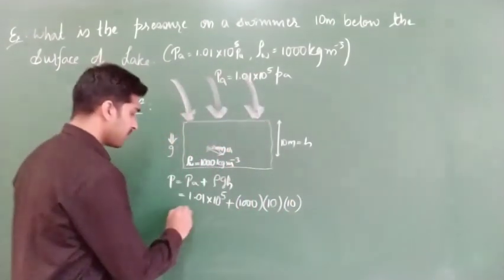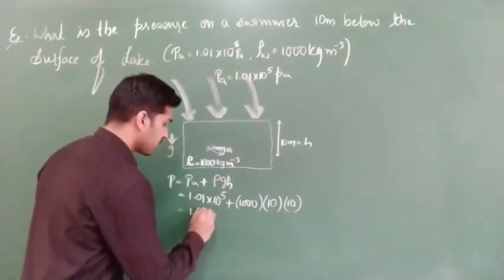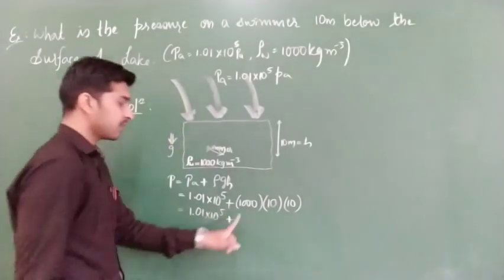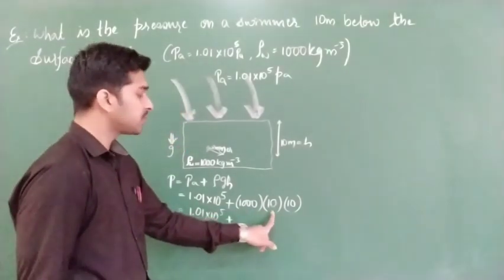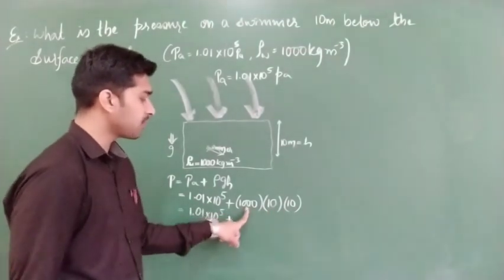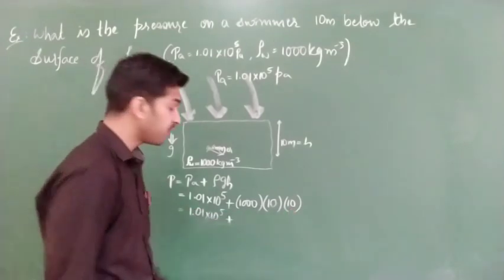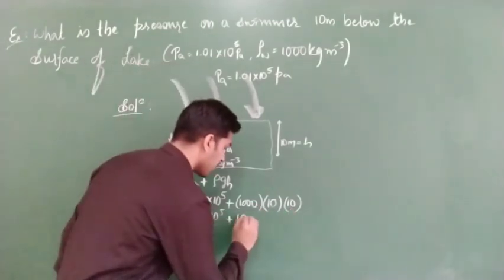So here 1.01 into 10 to the power of 5 as it is. Here 1000 into 10 into 10, so this is 10 to the power of 3 into 10 means 10 to the power of 4, into 10 means 10 to the power of 5.